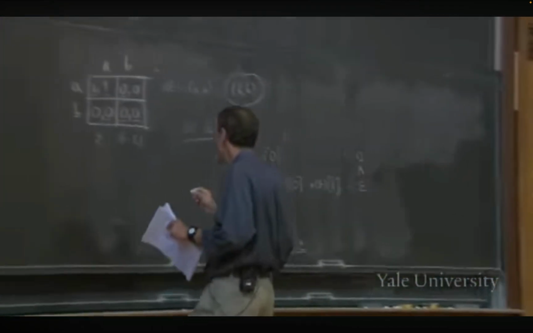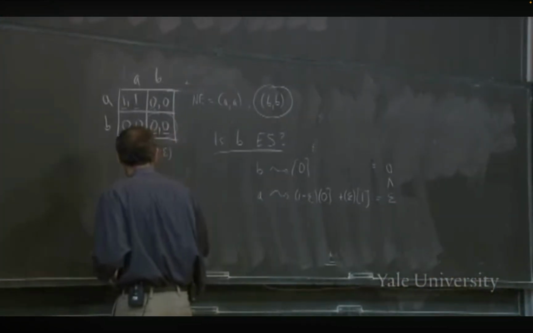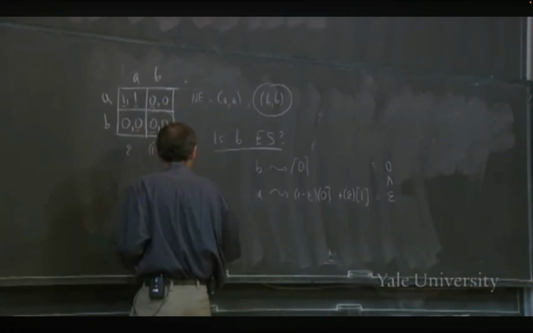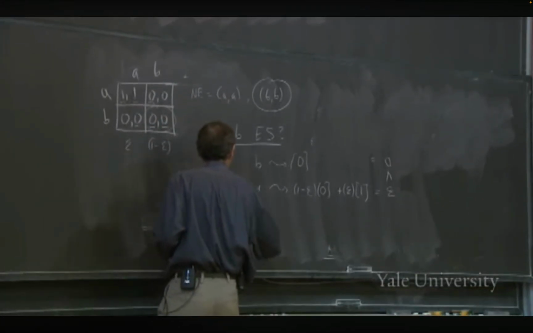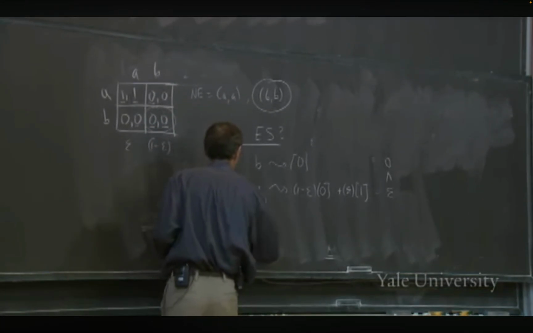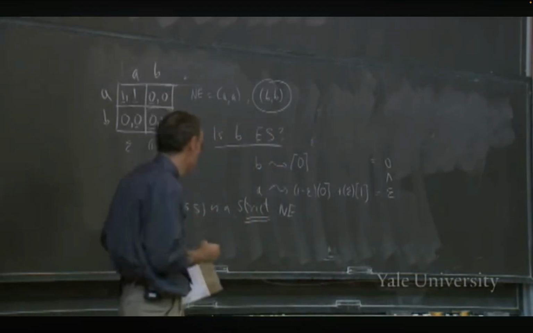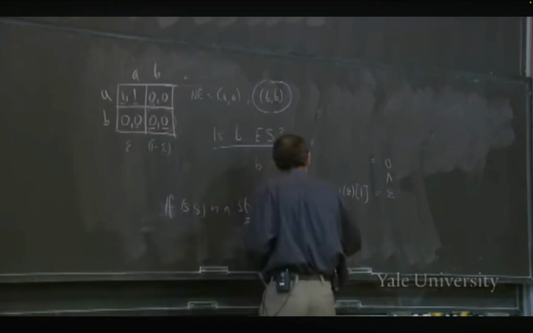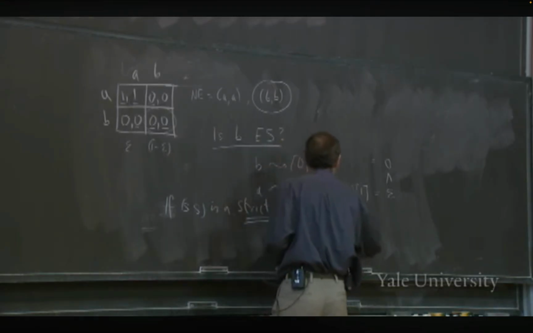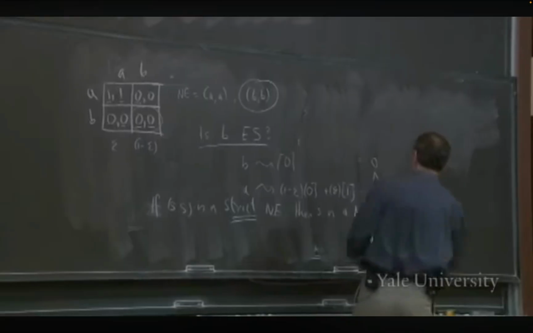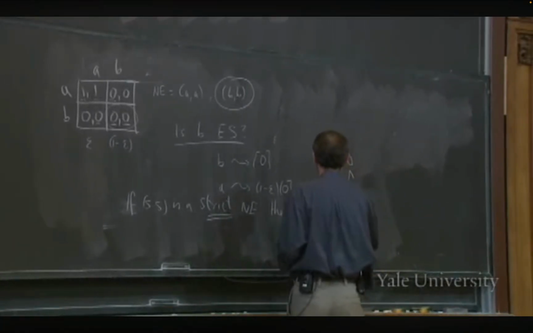We call them strict Nash. So what is in fact true is that if S is a strict Nash equilibrium, by which I mean S is a strict best response to S, then S is a Nash equilibrium, and S is evolutionarily stable.